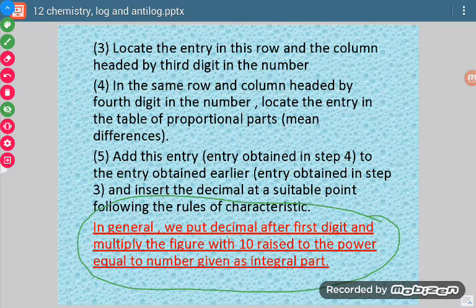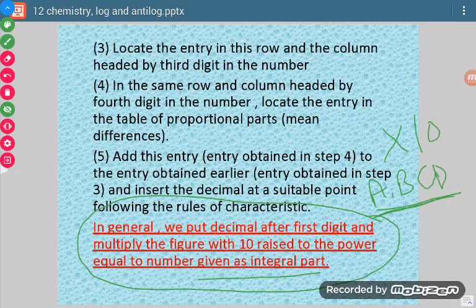In general, once we have calculated those 4 digits after seeing the anti-log table, we will put the decimal after the first digit. Suppose this was the number, then we will put the decimal after the first digit. Okay, and multiply this figure with 10 raised to power equal to the number given as the integral part.